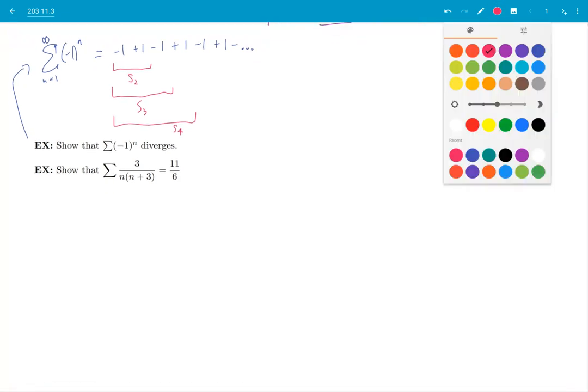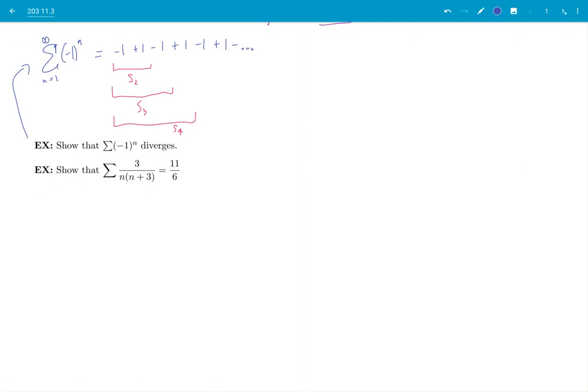S2 is 0. S3 is -1. S4 is 0 again. S5, I would be including this term, so I'd go back to -1.